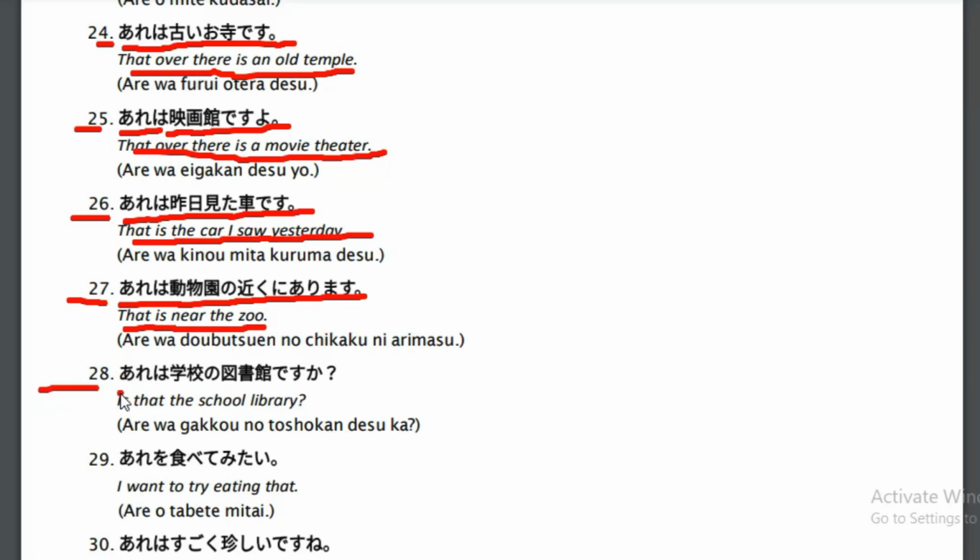The next is are wa gakkou no toshokan desu ka, is that the school library? The next is are o tabete mitai, I want to try eating that.